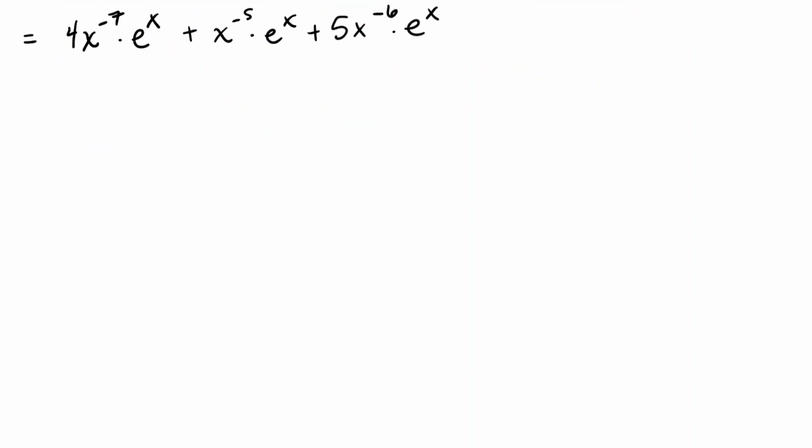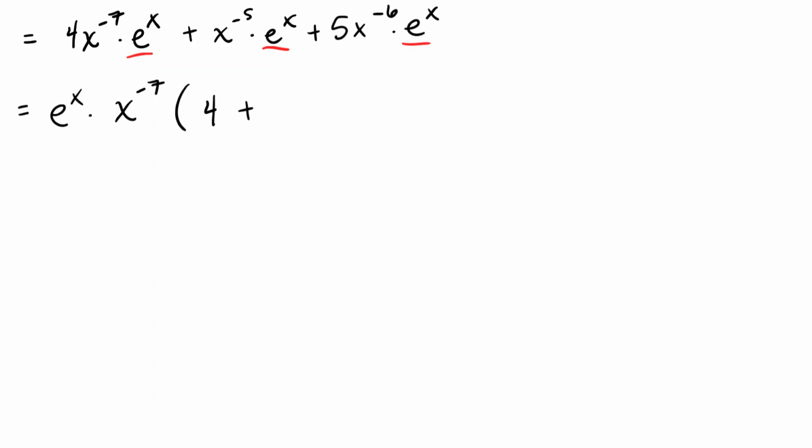And now here, what we're going to do is we are going to factor out the common e to the x. And so that we can see things a bit easier, let's also factor out an x to the negative 7 from every term. That just leaves us with 4 for the first term.